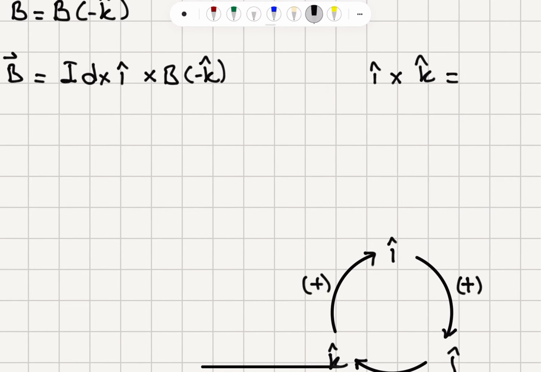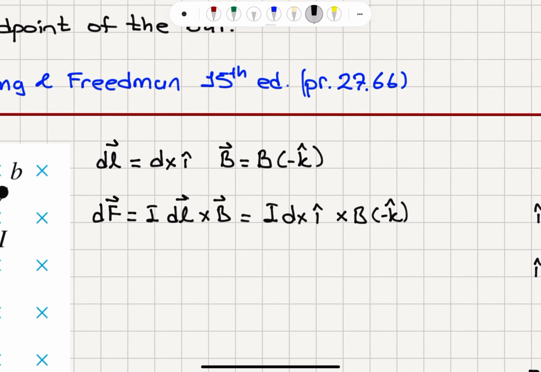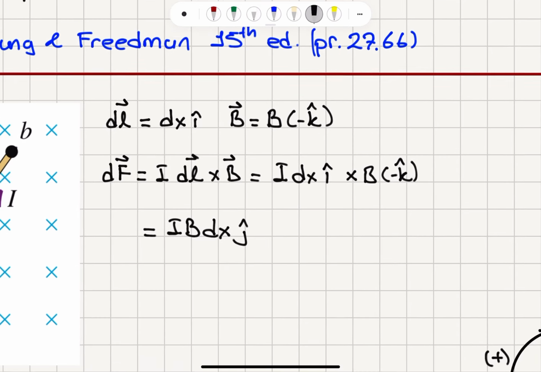I hat cross k hat is minus j hat. On the other hand, i hat cross with minus k hat will be equal to plus j hat. All right, so this I can see from the cyclic permutations. So the answer is plus j hat. Therefore, the dF is equal to I B dx in plus j hat direction.